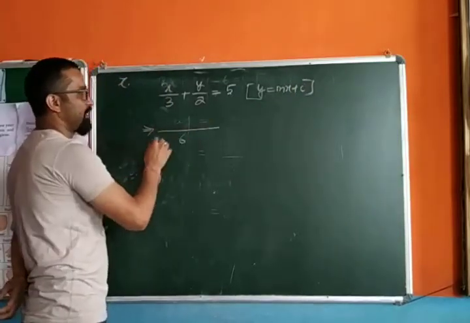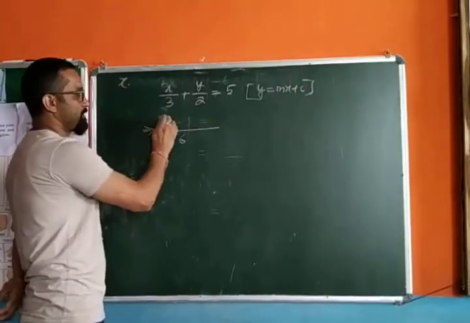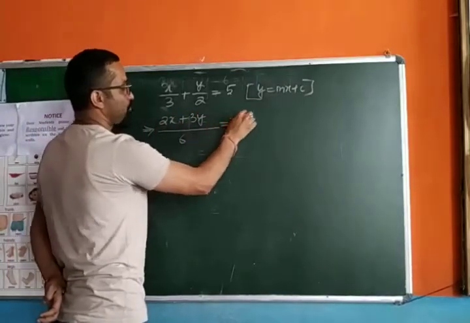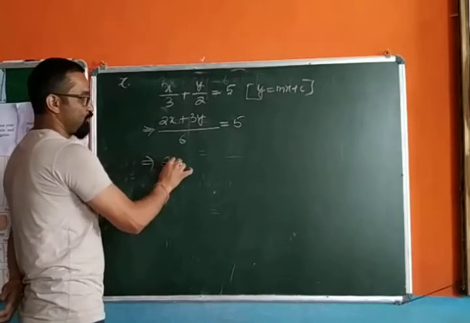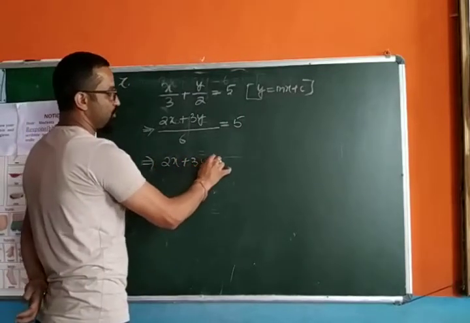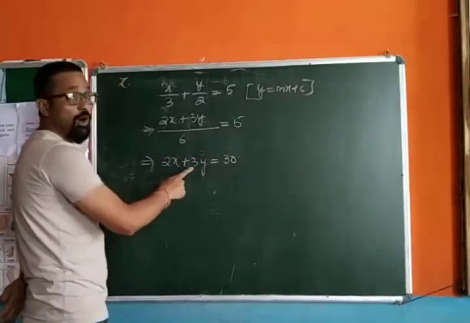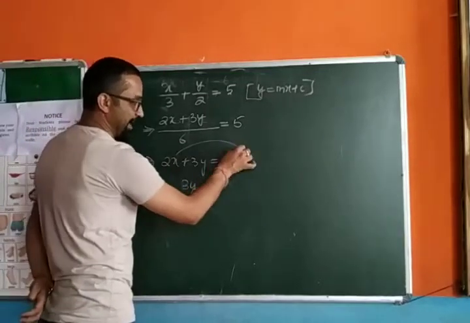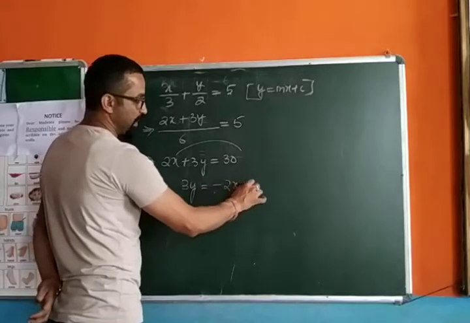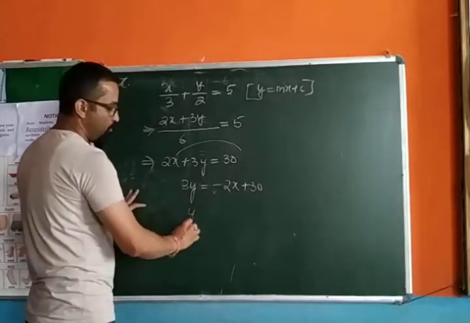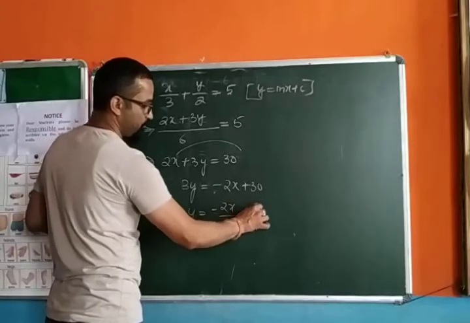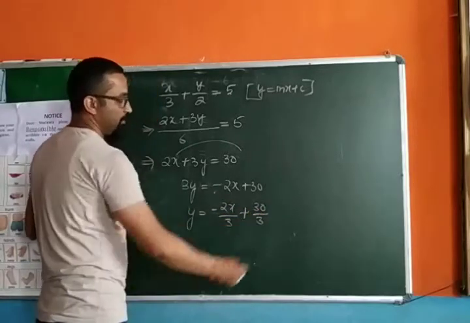Take LCM 6, you get 2x plus 3y is equal to 5. Cross multiply. 2x plus 3y is equal to 30. Make y the subject of the formula now. 3y is equal to, take x first, minus 2x plus 30. y is equal to minus 2x divided by 3 plus 30 divided by 3.